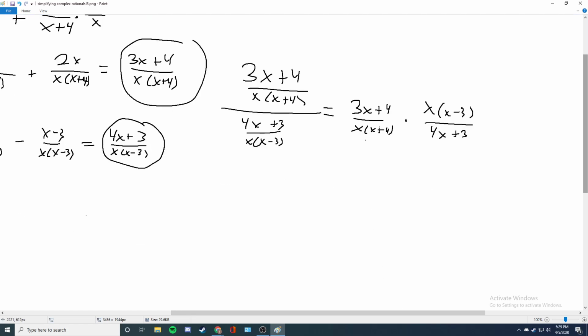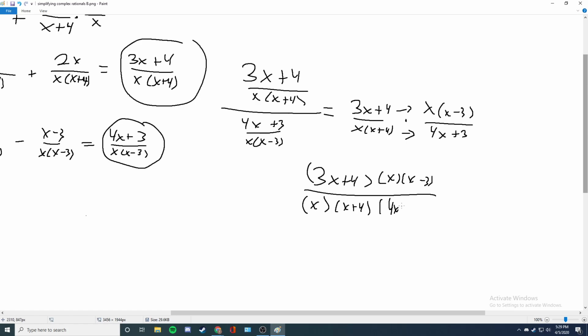So now we can multiply across, and I'm just going to leave everything in the factors just because it makes it easier to look at. So we've got 3x plus 4 times x minus 3 over x times x plus 4 times 4x plus 3.